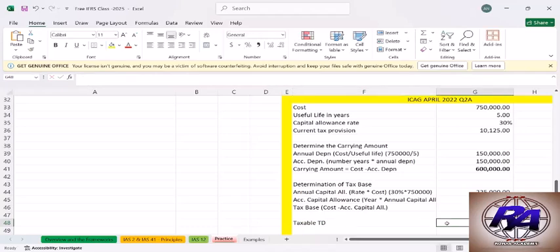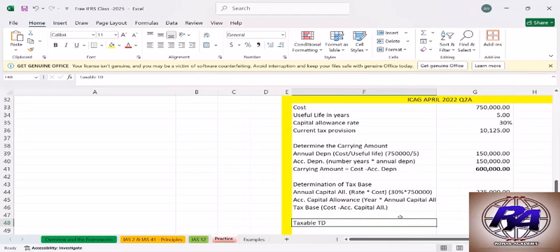Now, what you less from this does not matter what comes first. What matters is you giving the temporary difference a name. So you can less the 525 from this or whatever it is. In this case, it's going to be our carrying amount minus our tax base.